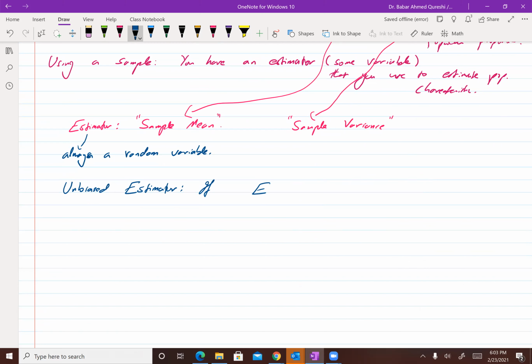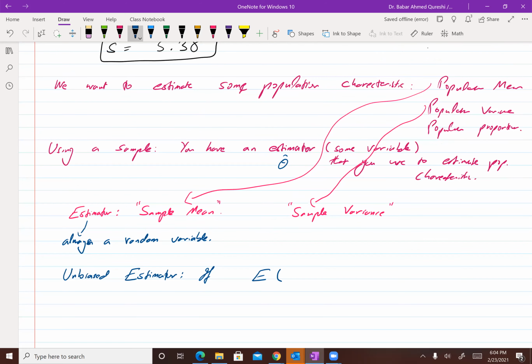Because it will be a random number, it will have its own probability distribution. Suppose this estimator is denoted by theta hat, and let's say the population characteristic is theta.